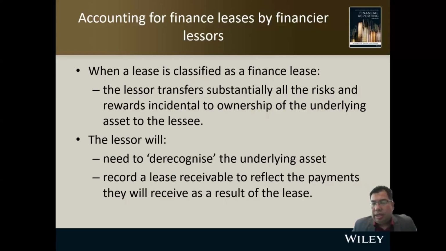So when a lease is classified as a finance lease, it means that the lessor transferred substantially all the risk and reward incidental to ownership of the underlying asset to the lessee. So the lessor should derecognize, meaning remove the underlying asset from their balance sheet, and record a lease receivable.